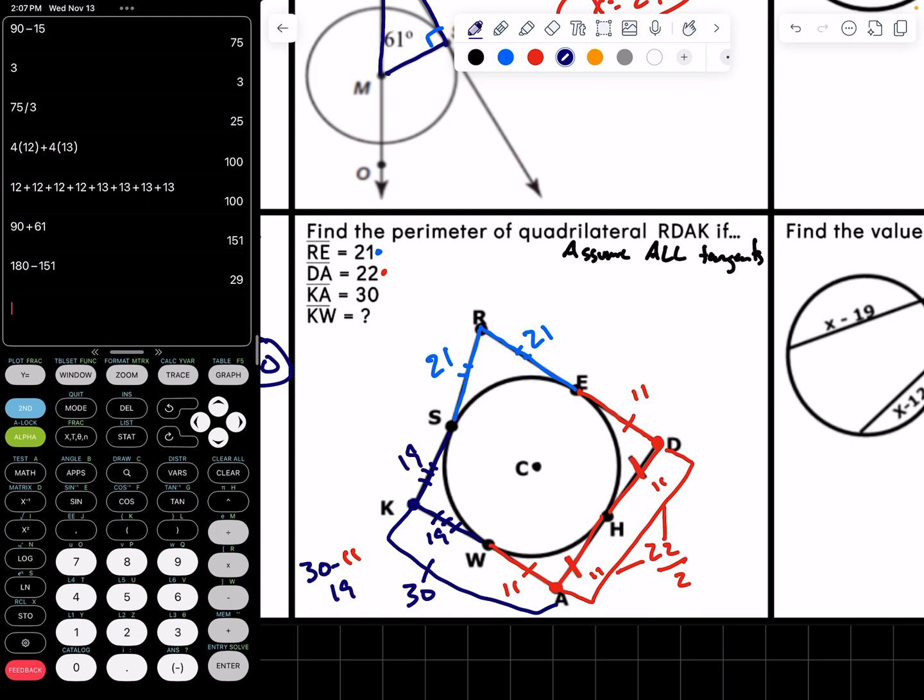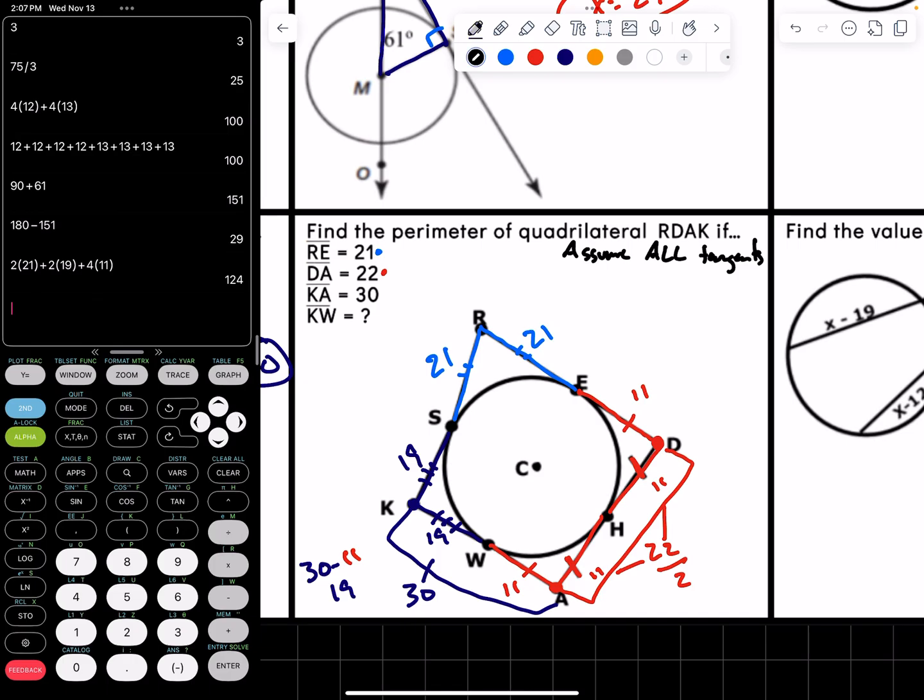So if I add up all these pieces, we've got 2 times 21 plus 2 times 19 plus, and I've got 4 11s. That's going to equal 124.